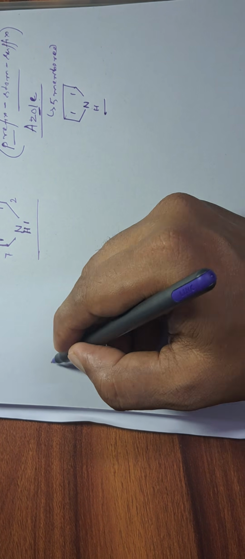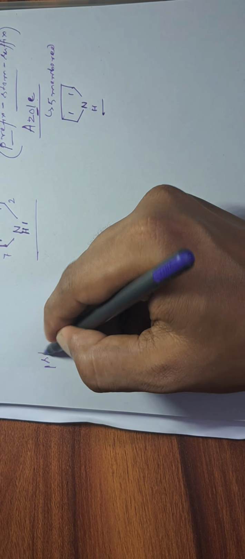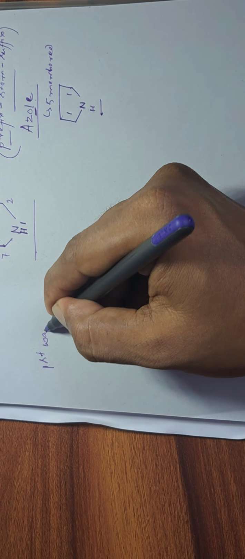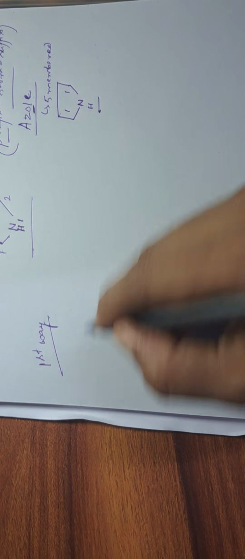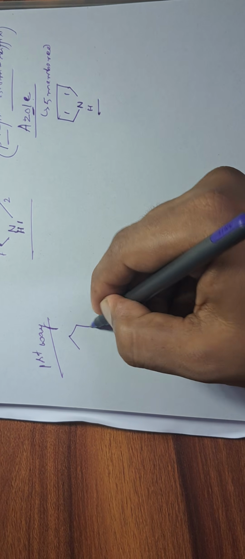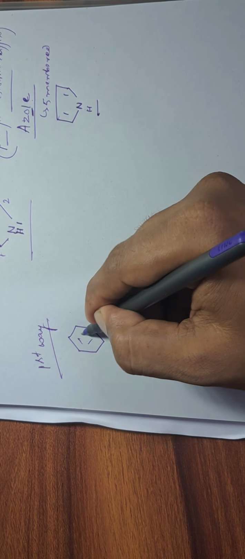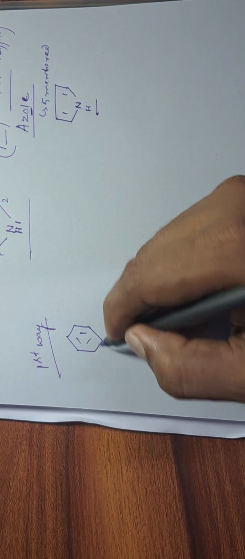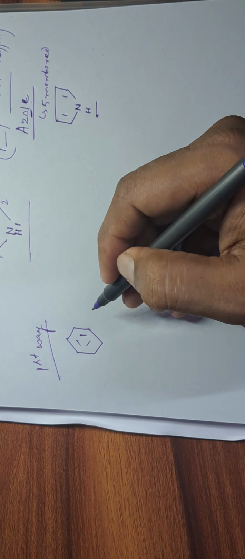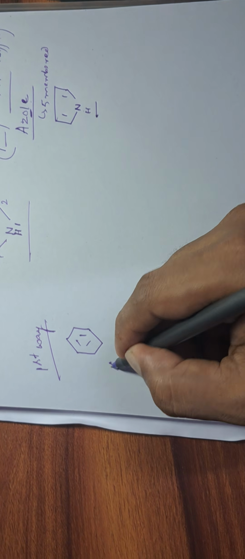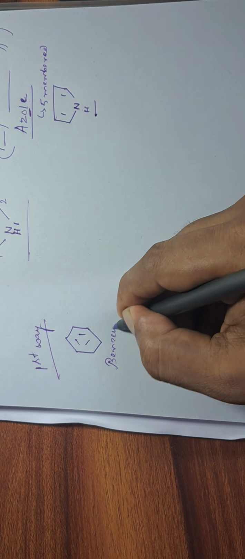The first way of making Azepine is the ring expansion. Here we are going to take benzene. Benzene is 6-membered, and our purpose is to make it 7-membered with a heteroatom. So this one is benzene.